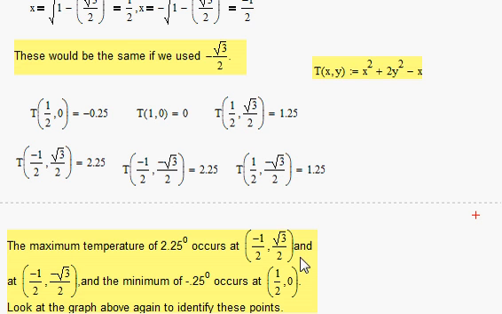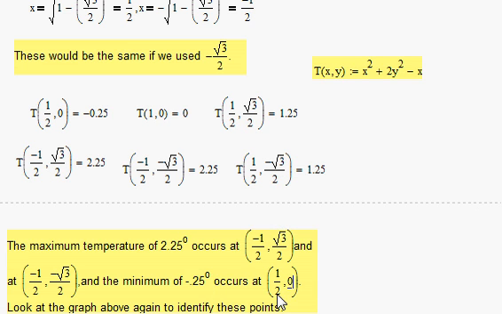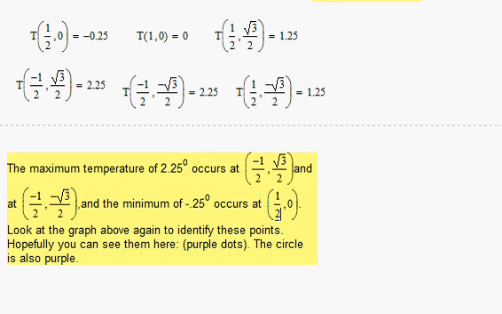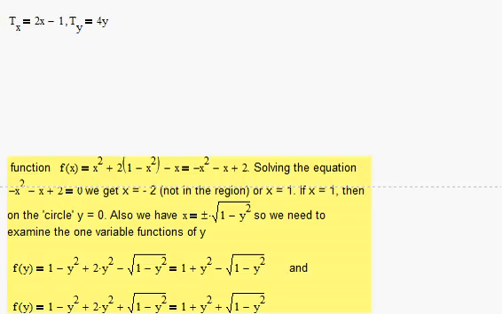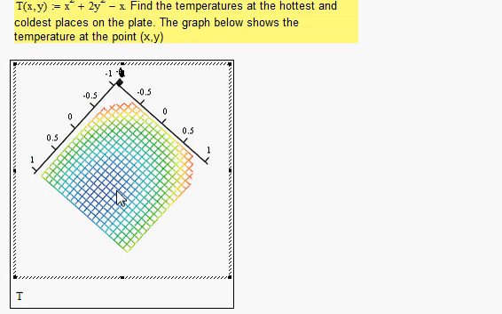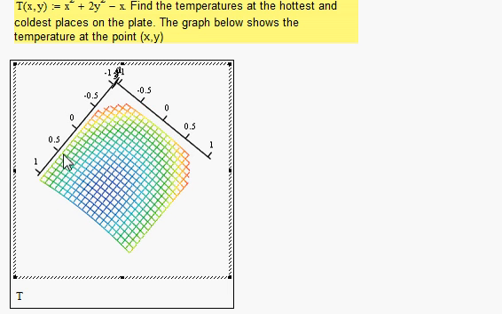Notice x equals negative a half, and y equals square root of 3/2, or else negative square root of 3/2. And the minimum temperature of negative 1/4 of a degree occurs at the point where x is a half and y is 0. So look at the graph to identify these points. X is a half, y is square root of 3/2, that's about 0.86, so about here somewhere.